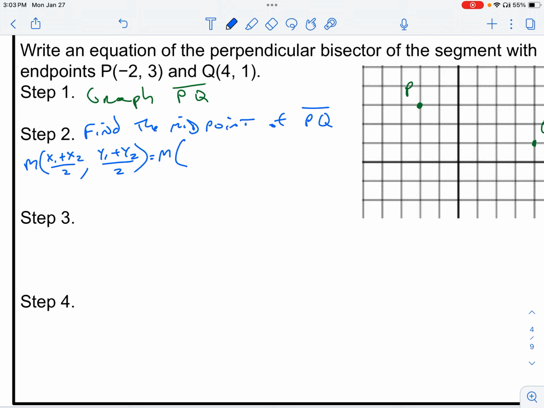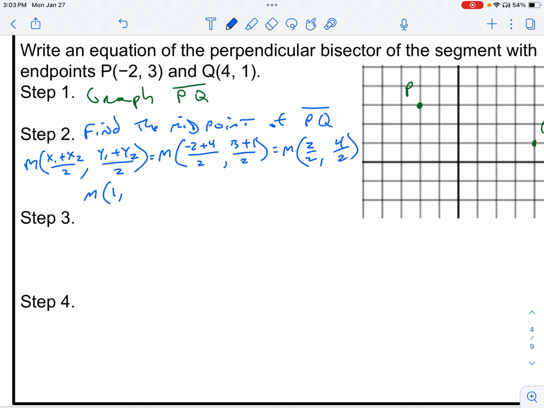So we got, for our x's, minus 2 and 4. Our y's, we got 3 plus 1. So minus 2 plus 4 is 2 over 2. And 3 plus 1 is 4 over 2.